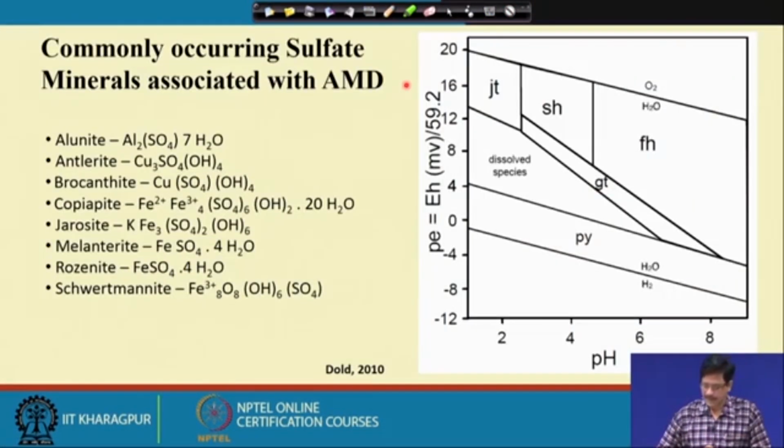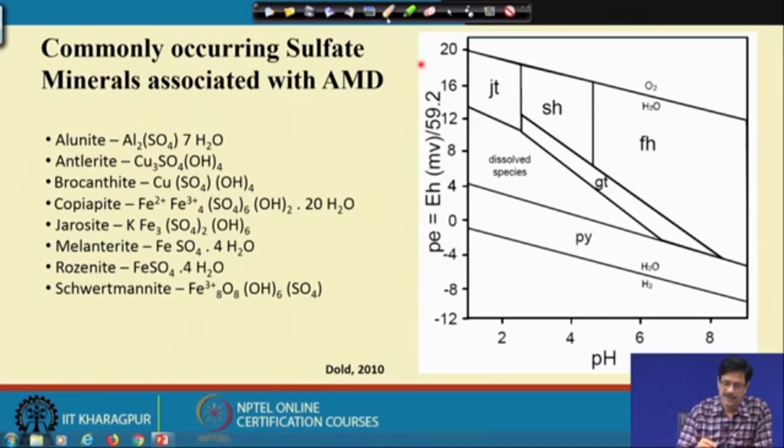This is the way in which the process could be represented chemically on an Eh-pH diagram. These are some of the commonly occurring sulphate mineral species associated with acid mine drainage. Some of them you are already quite familiar with, such as alunite, which we have seen forms in very low pH conditions in the advanced argillic alteration in porphyry copper deposits.